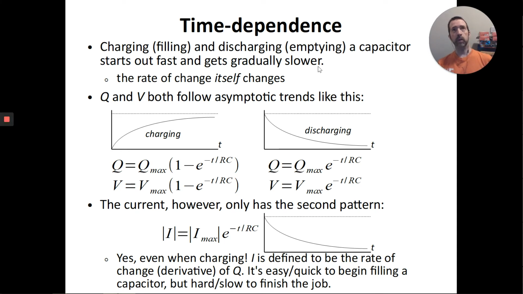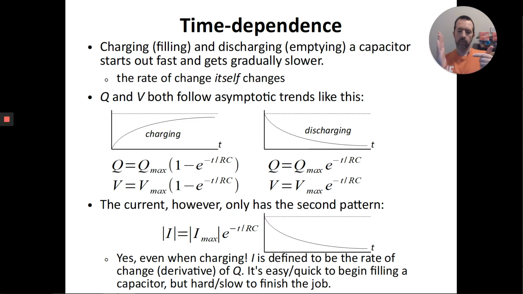So, for example, if you think about charging a capacitor, that means you've got this device, you're sending more and more current into it, and that plate is getting more and more positively charged as you put more current in. But of course, the conventional current is also positively charged.